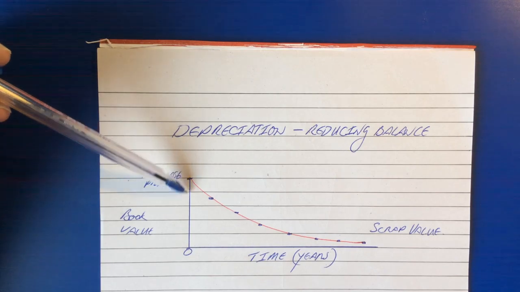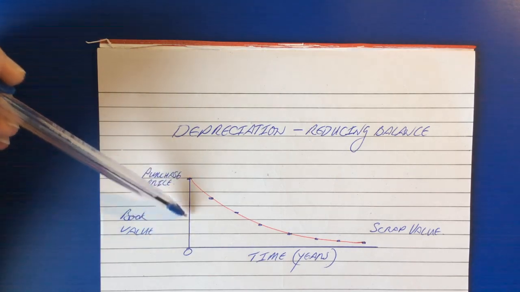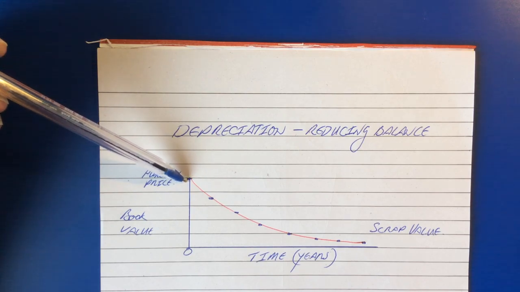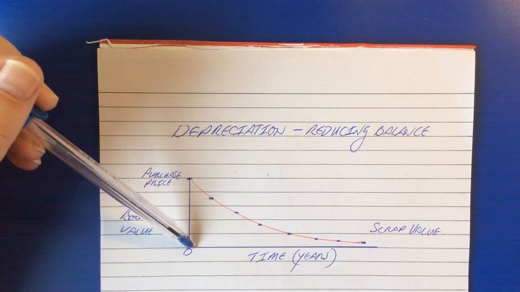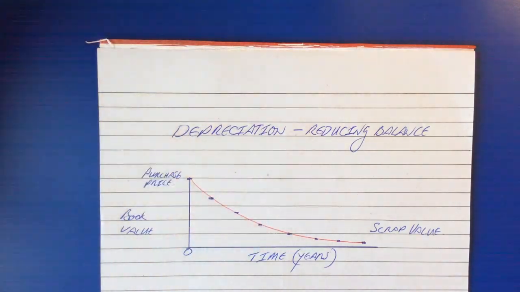So this axis here, the y-axis, gives us the book value, and it's usually denoted in dollars or pounds or yen or whatever currency you're using. And this axis here, the x-axis, is time, usually years.